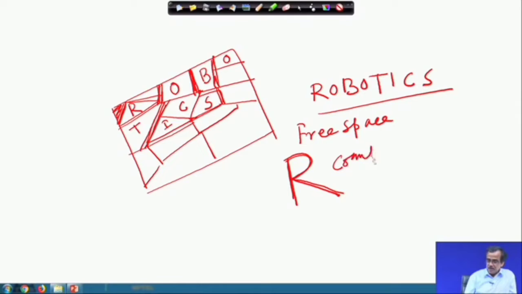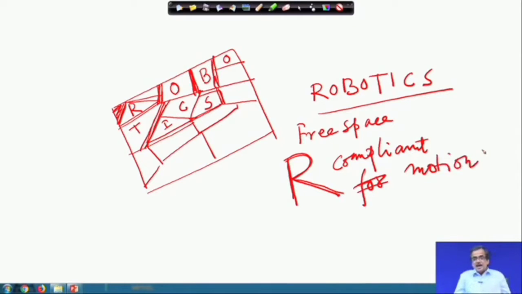The marker is in touch with the board, and I will have to put some amount of force while writing. That is called the compliant motion.